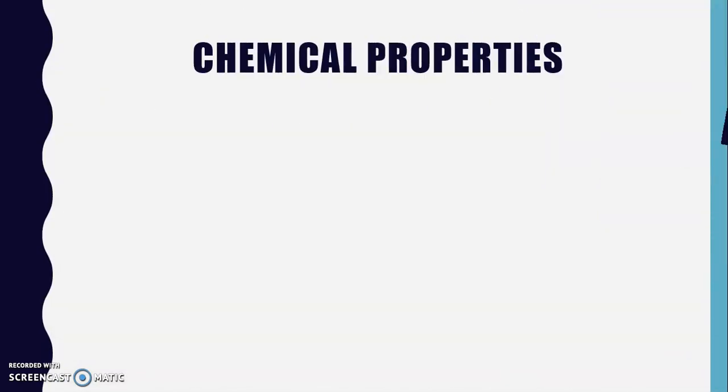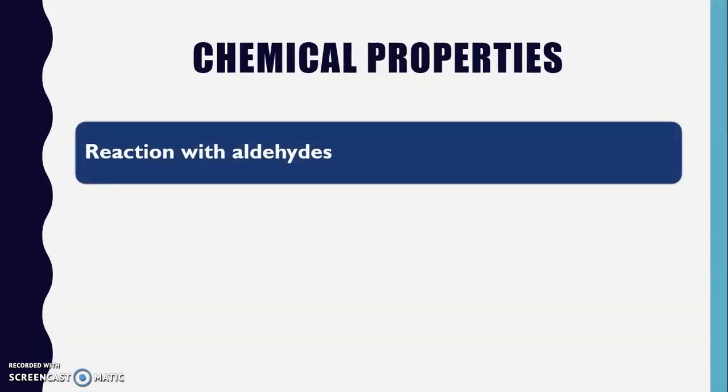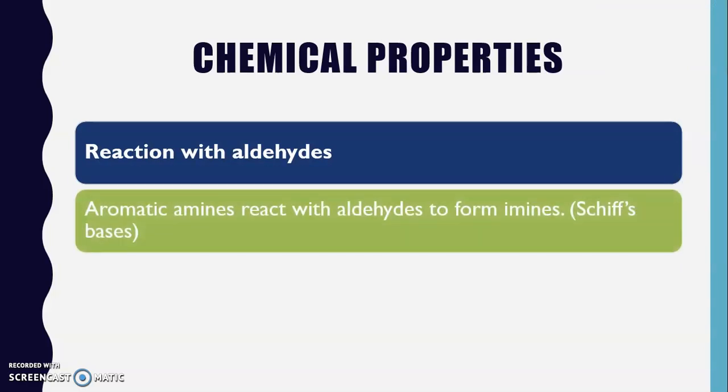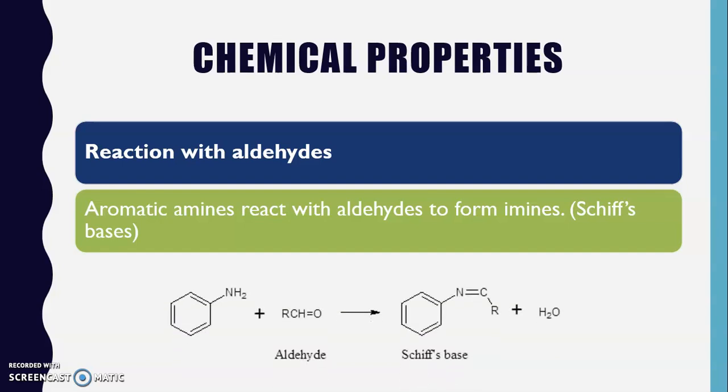Further, the next chemical property that we are going to discuss is reaction with aldehydes. Now this is also one of the important properties, because the reaction of aldehydes with aromatic amines gives imines, and these imines are nothing but the Schiff's bases. Now this is the particular reaction with the aldehydes.